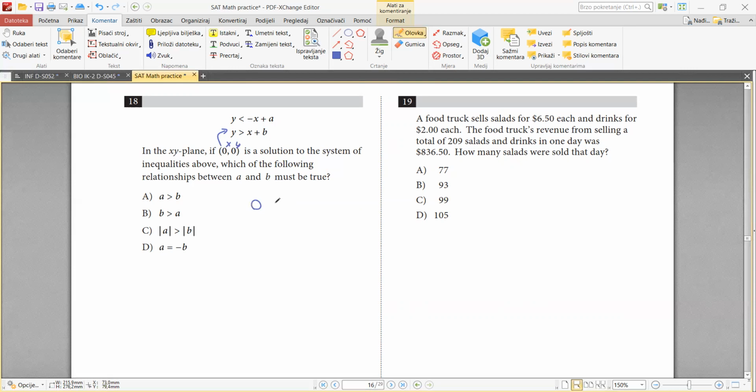So we'll get 0 is less than -0 plus a, and also 0 is greater than 0 plus b. What does this mean? That a is a positive number and b is a negative number.